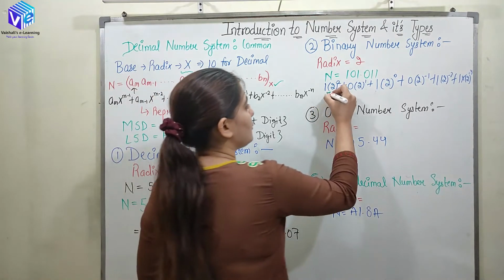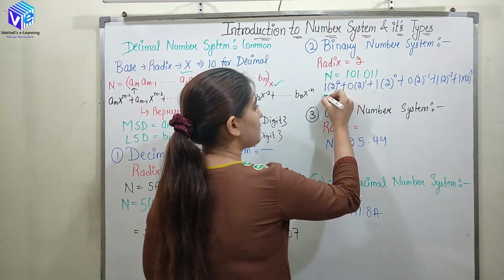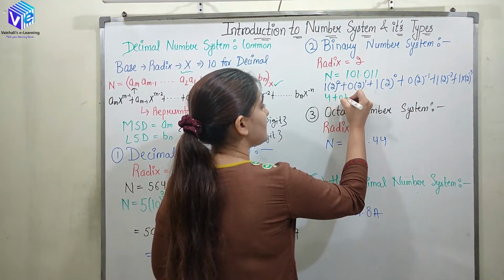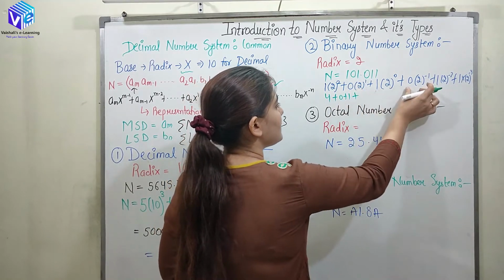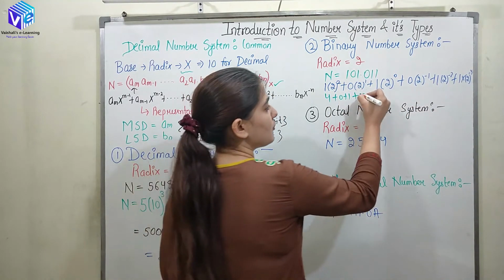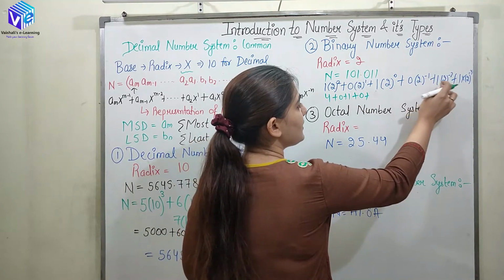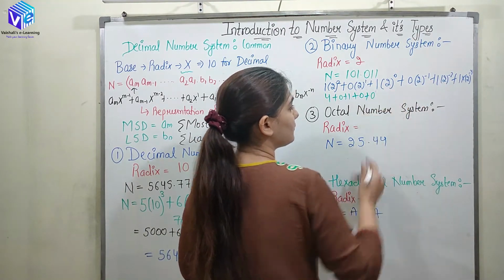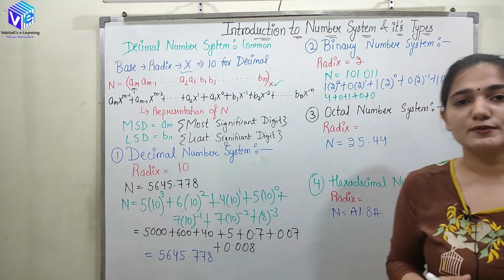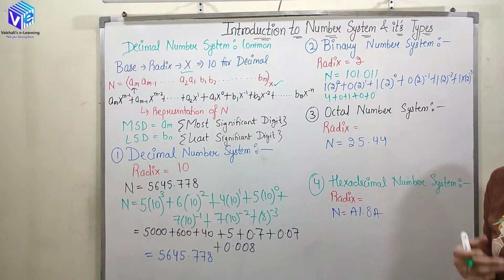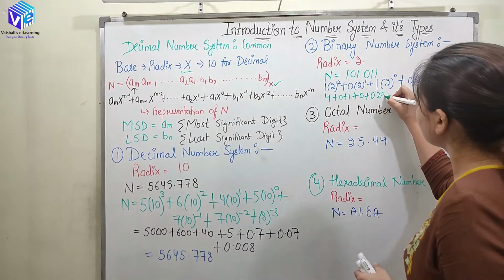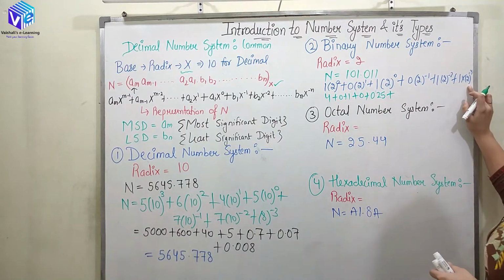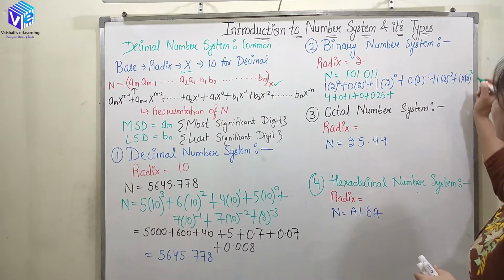Now you can multiply these things and you can represent it as 4 plus 0 plus 1 plus 0 into 2 raised to power minus 1 would be 0 plus 1 into 2 raised to power minus 2, 1 upon 4. What is 1 upon 4? You all know it is 0.25 plus 1 upon 8. This is 2 raised to power minus 3.